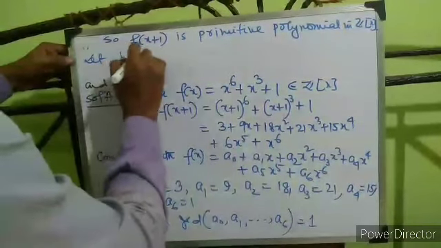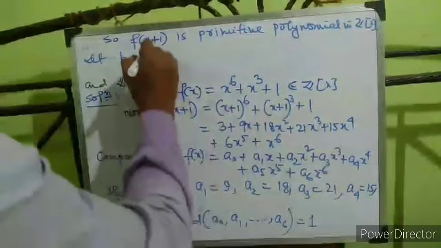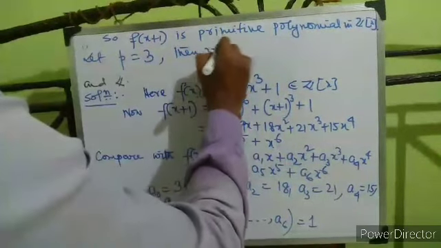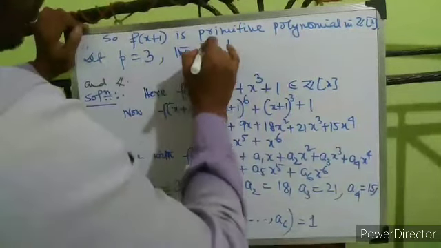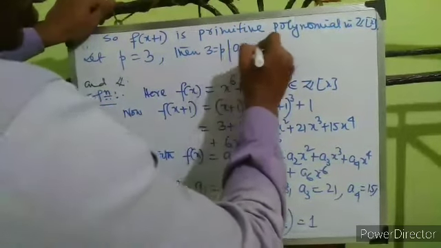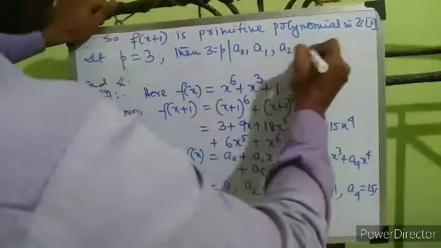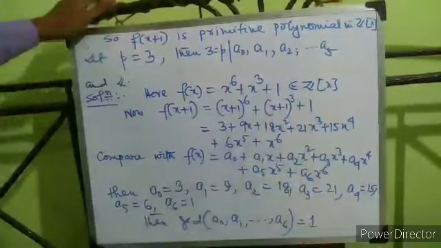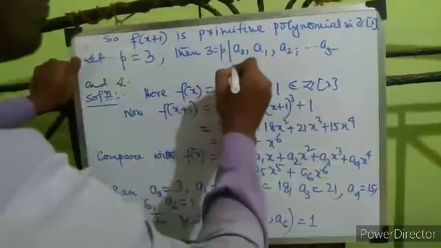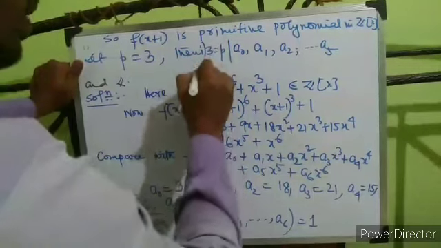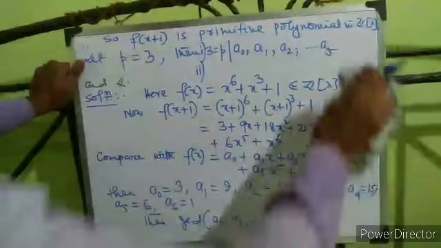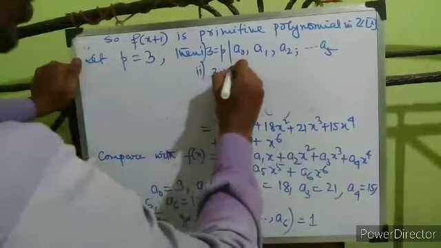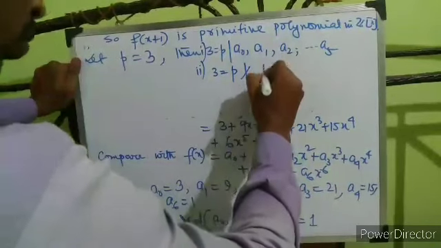Let us take the prime p is equal to 3. Then definitely 3, that is p, will divide a0, a1, a2, dot dot, a5, but a6 is equal to 1, so p does not divide a6.